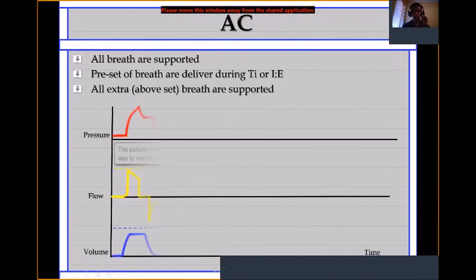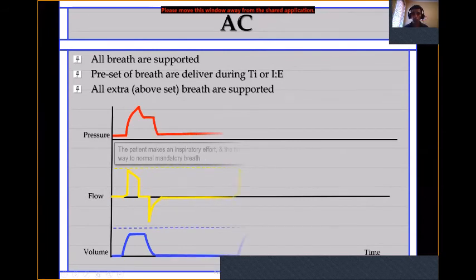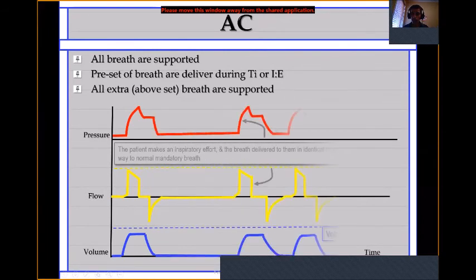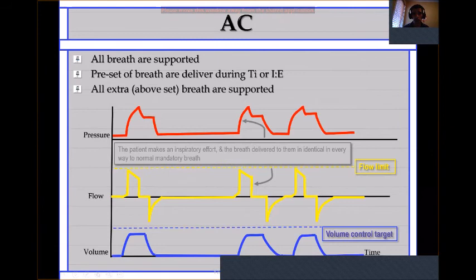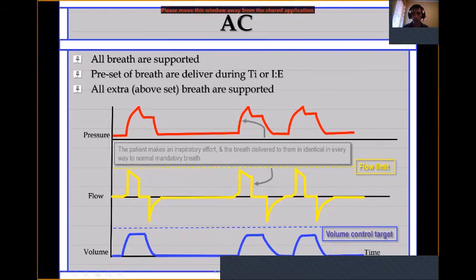And here's the graph of assisted control. All breaths are supported. The preset rate will be delivered, and there will be extra if the patient triggers. So if you set inspiratory time, or the ratio, to give these mandatory breaths, and the patient breathes in between, you get extra help.